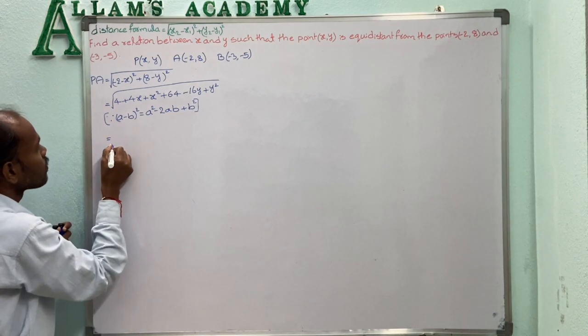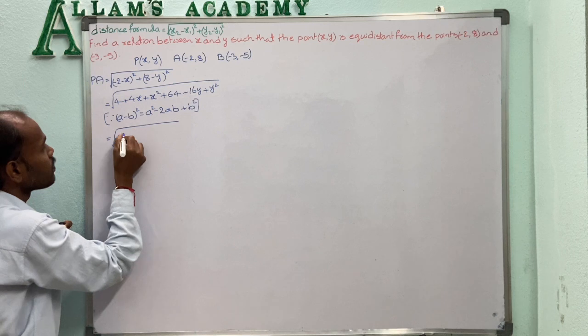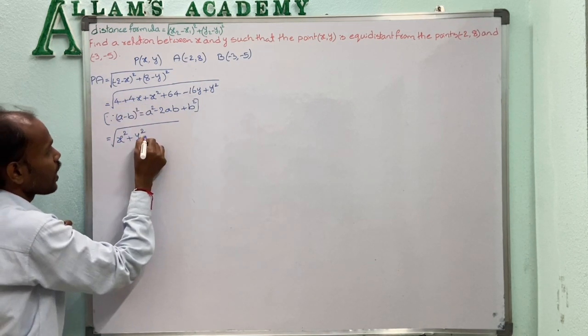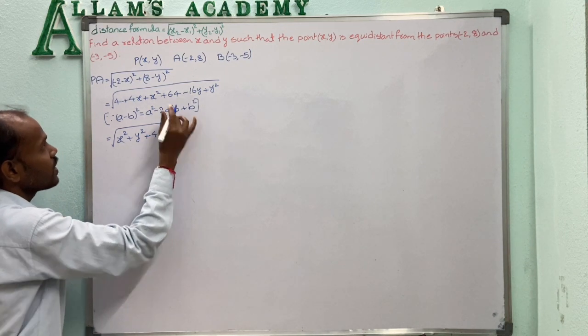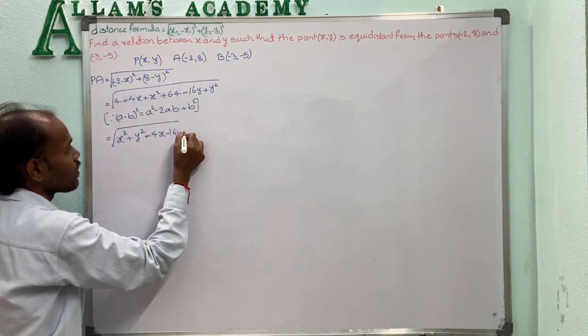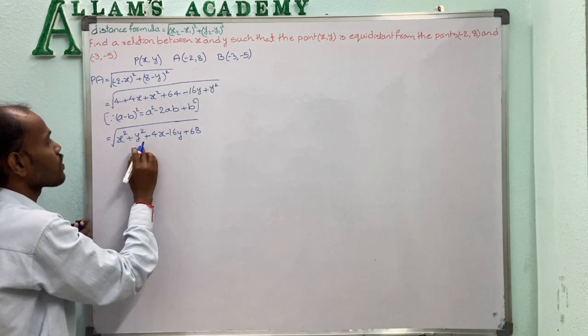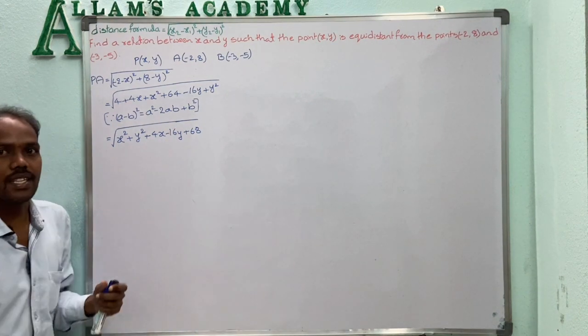So that is under root x square plus y square plus 4x minus 16y. 64 plus 4 is equal to 68. That means we get under root x square plus y square plus 4x minus 16y plus 68.